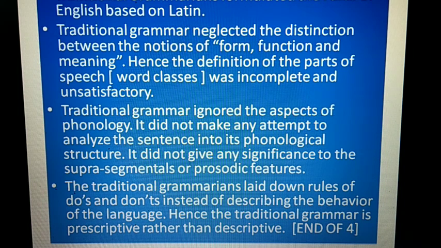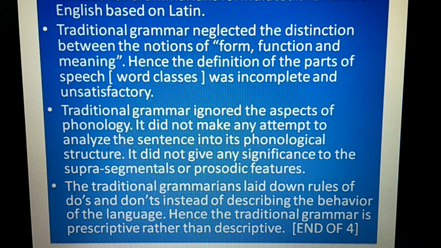When we talk with such a rising tone or rising tune, the meaning is different. So this is another aspect of traditional grammar. Traditional grammarians did not give due respect to phonology, the study of phonemes, and hence maybe their discussion or study of language was incomplete.